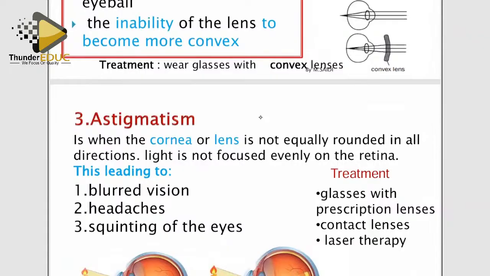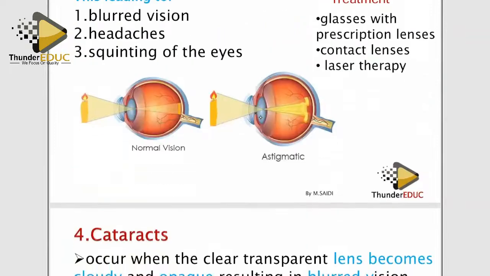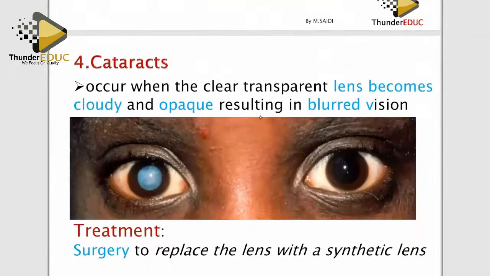Then we have another one which we call astigmatism. It is very common in older people. We're going to see what causes that. And then the last one, we have another one called cataracts. This one is common at any age, but we will see what causes it.